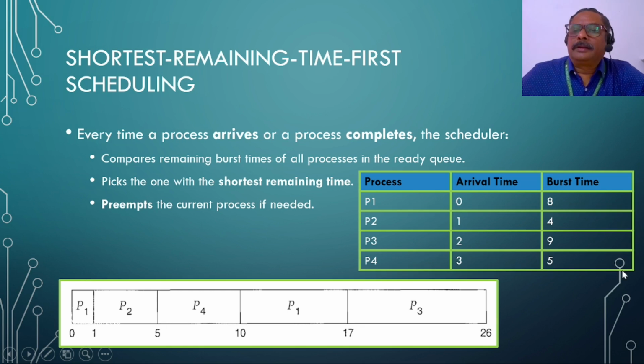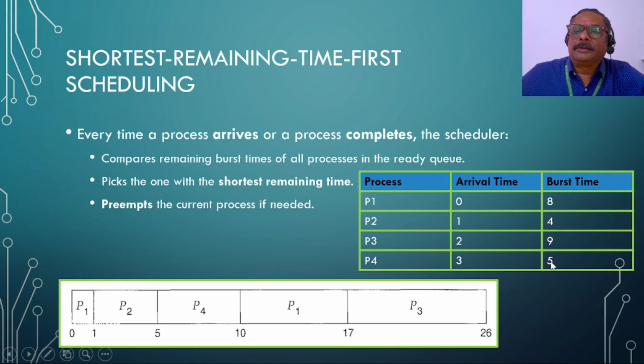At 5 it checks. By that time P4 has also come at 3, and now P2 is done, P3 has 9, P1 has 7, and P4 has 5, which is the smallest, so P4 comes into the picture. 5 becomes 4, 4 becomes 3, 3 becomes 2, 2 becomes 1, 1 becomes 0.